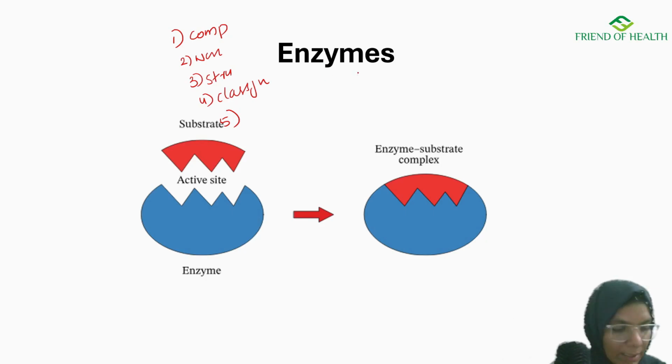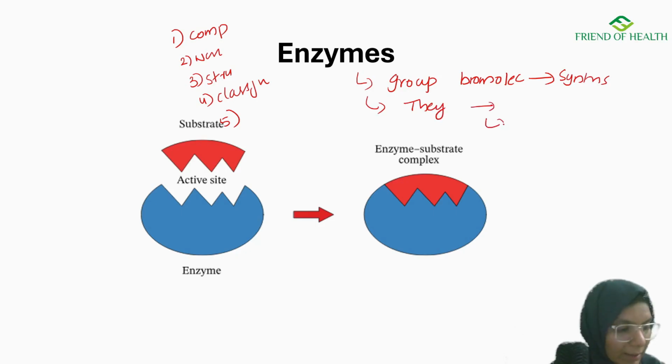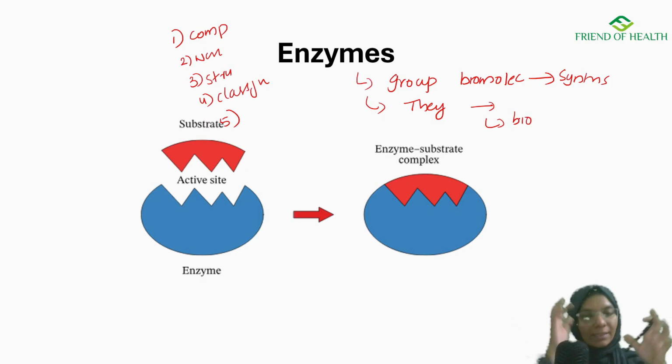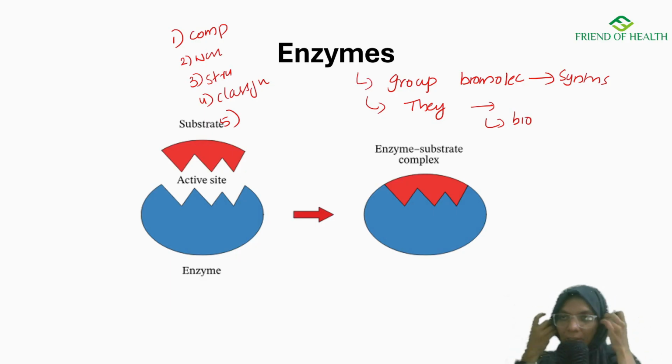Enzymes are a group of biomolecules synthesized by living cells. They are catalysts of biological systems, I mean they are biocatalysts. For understanding enzymes, remember, suppose you are traveling to a certain place.